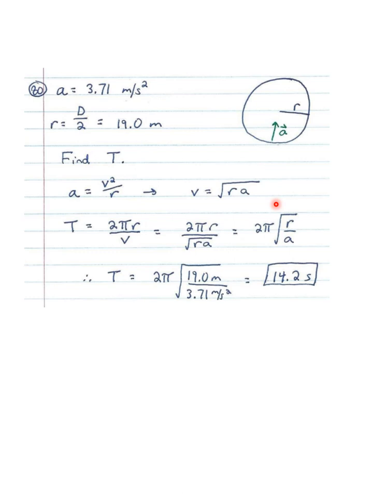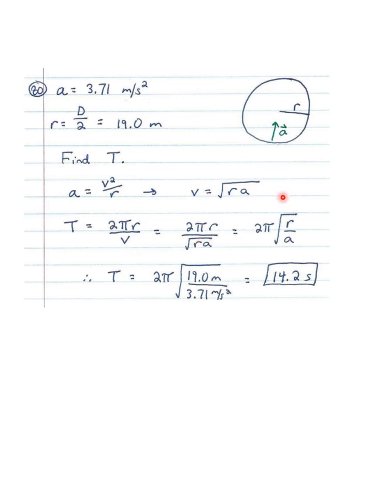But the question doesn't ask for what is the velocity. The question asks what is the rotational period. So we need to relate v to the rotational period, and here it is again, that the time for something to go around in a circle is the distance over the speed. So circumference divided by v, 2 pi r over v.